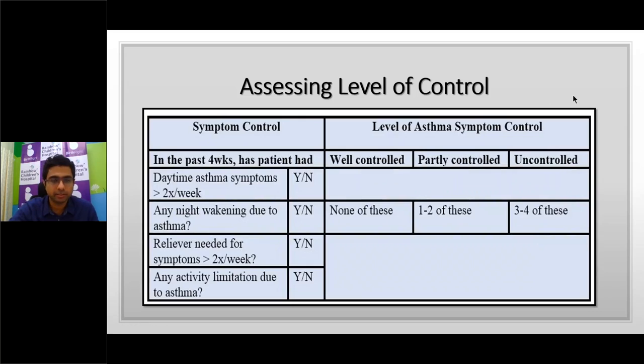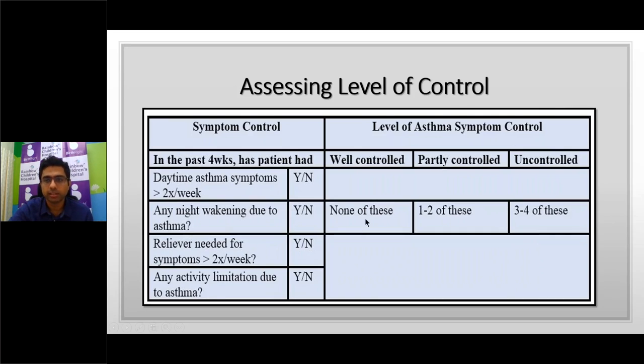So how will you assess control? It's a 4-step questionnaire. Yes or no for these 4 questions. Daytime symptoms more than twice a week. Any night awakening due to asthma; a single nocturnal awakening is significant. Use of reliever more than twice a week. And the 4th one is any activity limitation due to asthma.